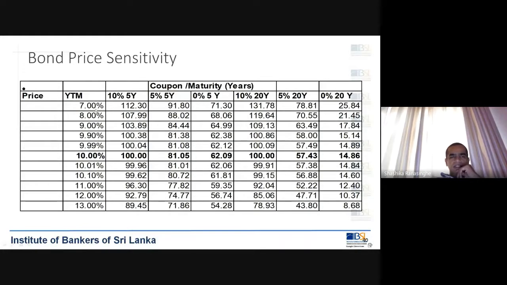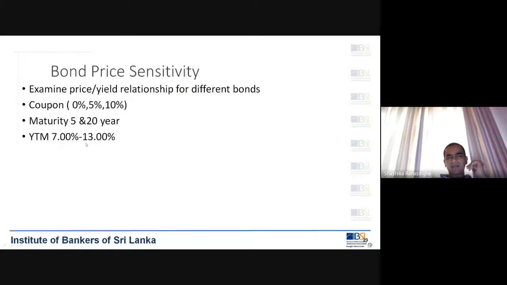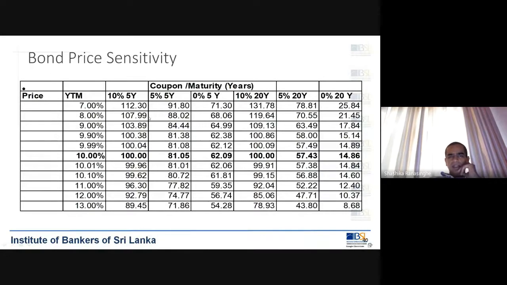You have yields ranging from 7% up to 13%. Then we have the 5-year maturities, all 5-year with 3 different coupons of 10, 5, and 0. Then the 20-year maturities, coupons of 10, 5, and 0. And we have calculated the yields.